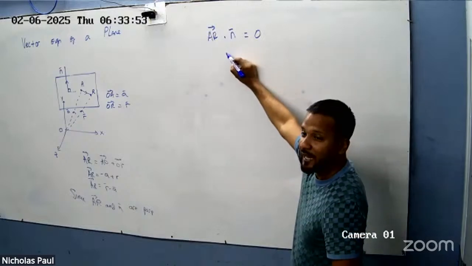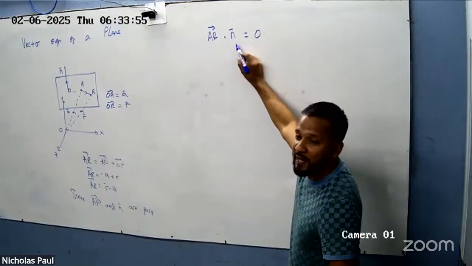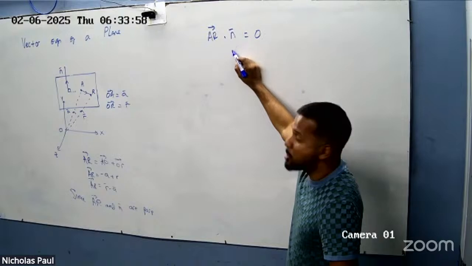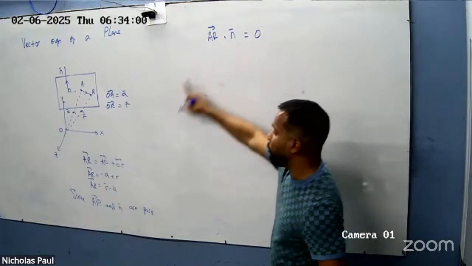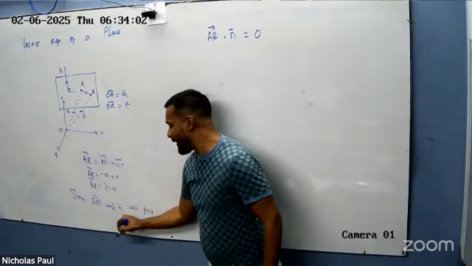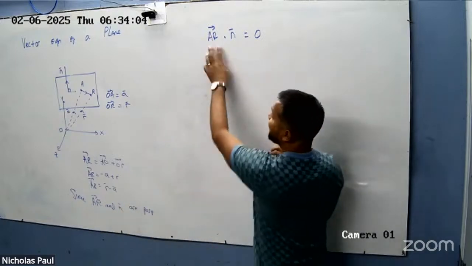Anyway, they are perpendicular. So when you multiply AR by N, you'll get 0. What's AR again?